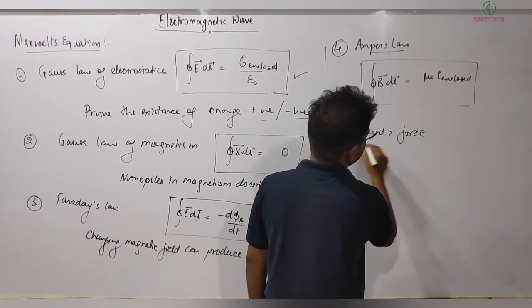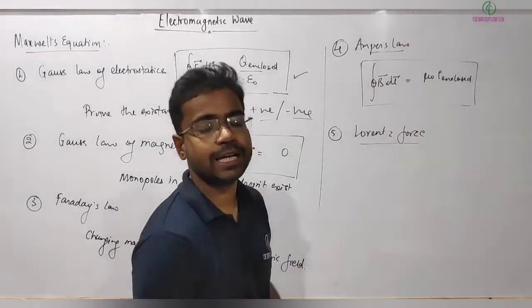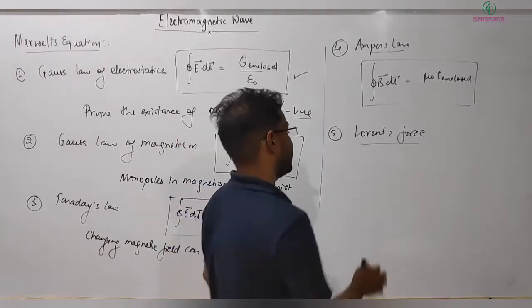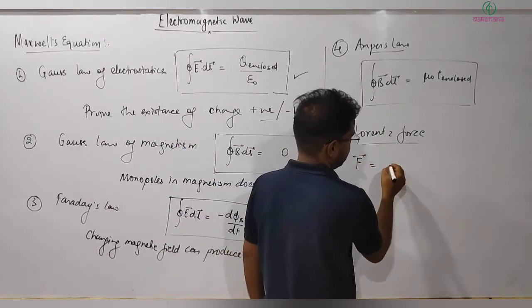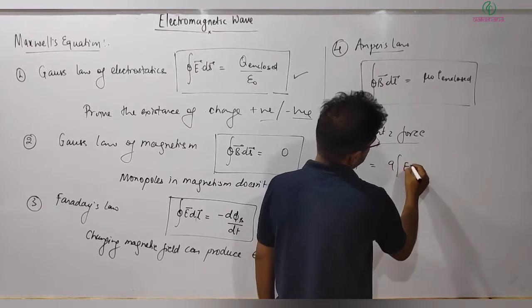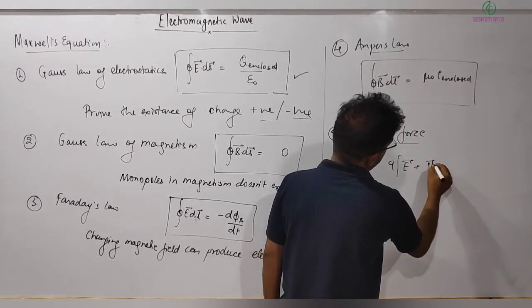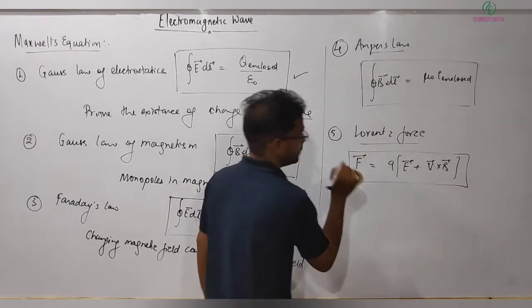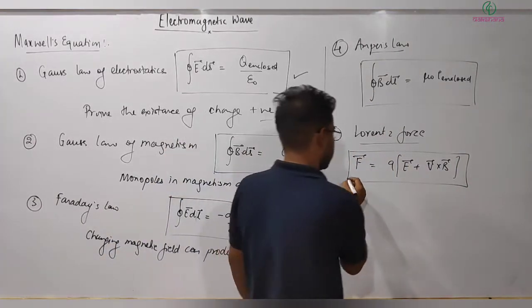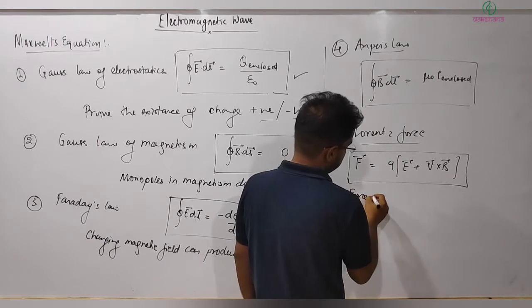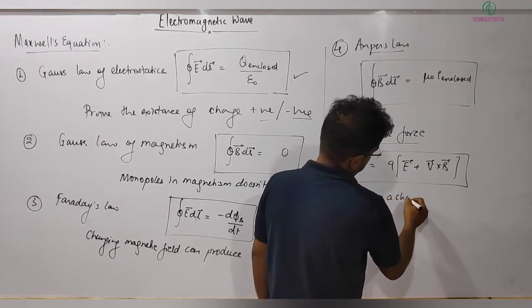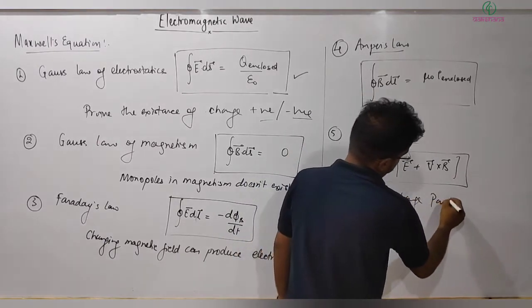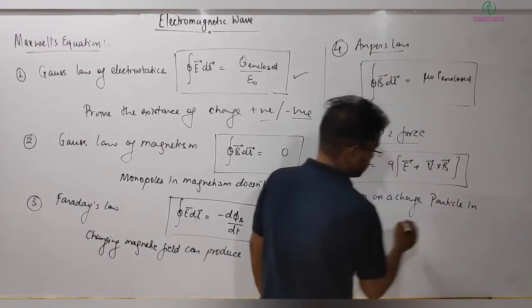It gives you the force on a charged particle in an electromagnetic field, and that force is given by Q times (E bar plus V bar cross B bar).